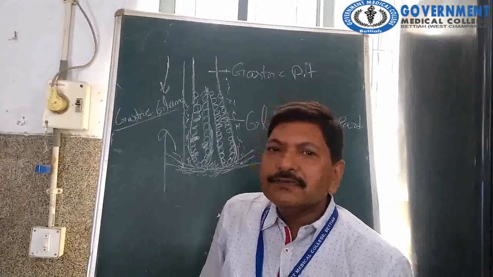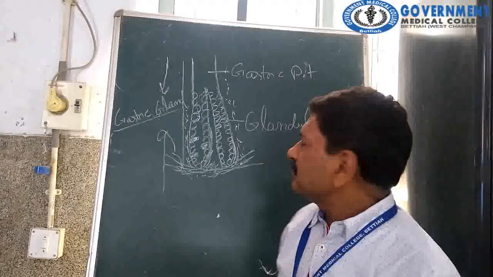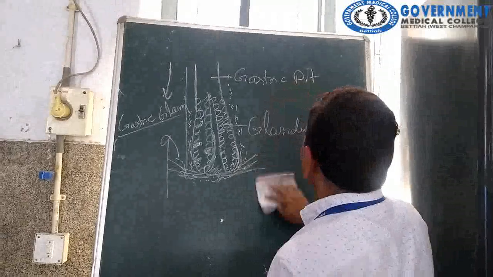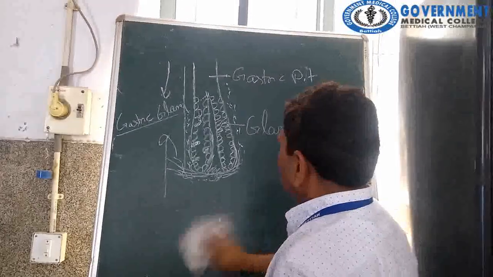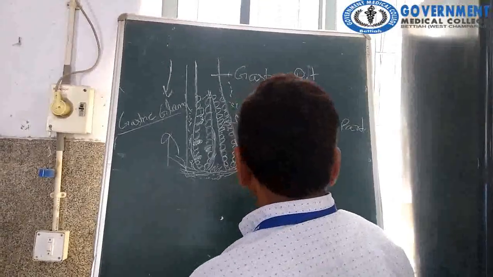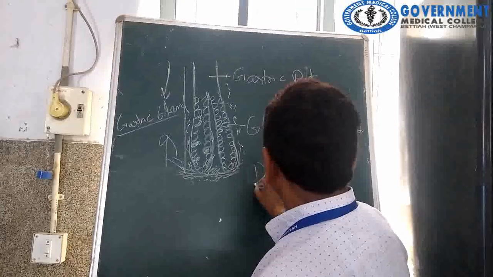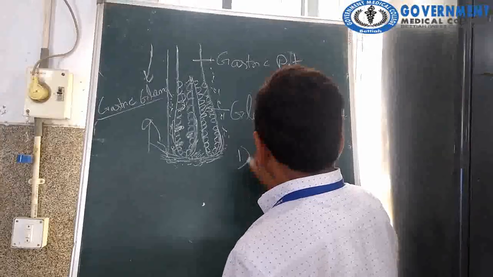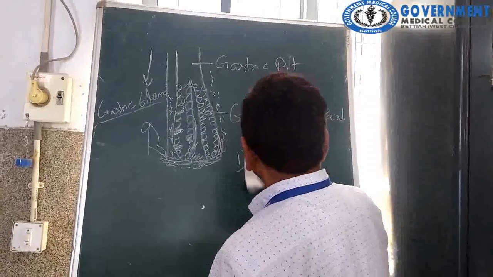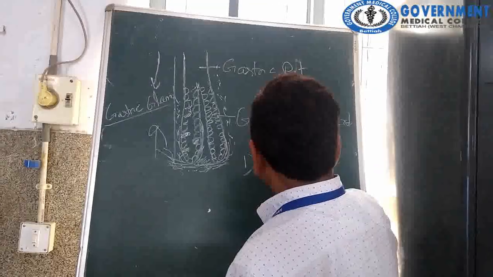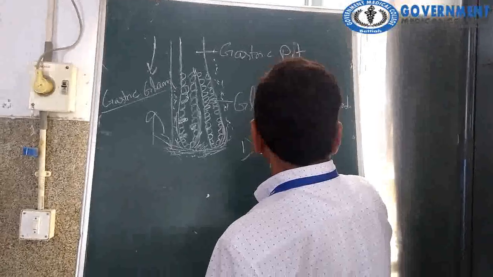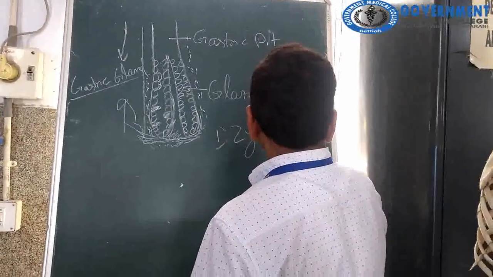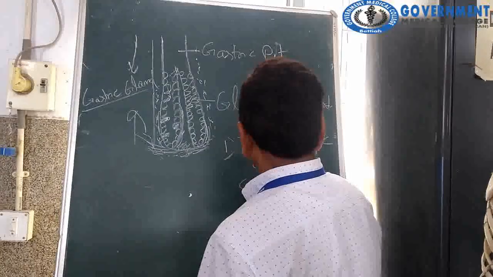Now the cells of the gastric glands. The cells of the gastric glands are very important. First is the zymogenic cell or chief cell.